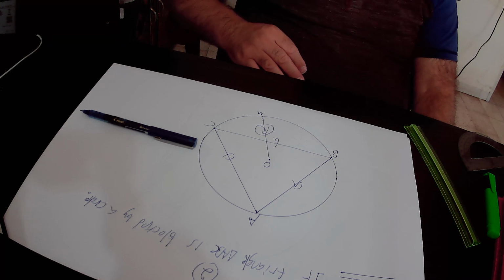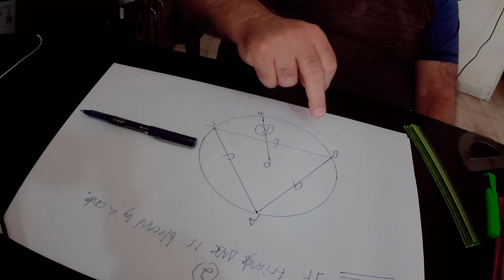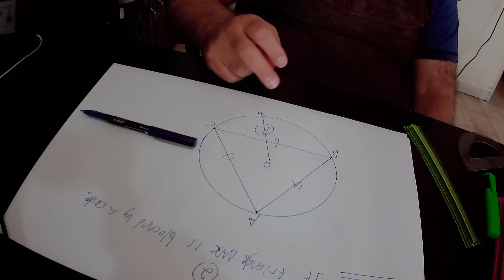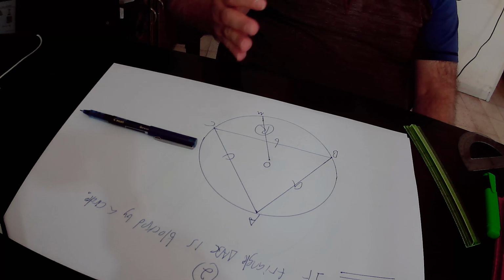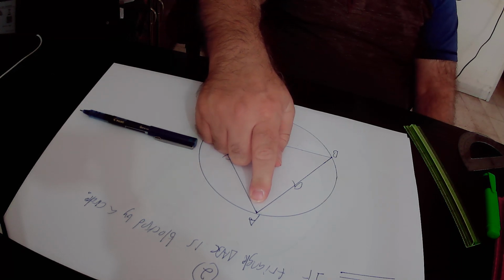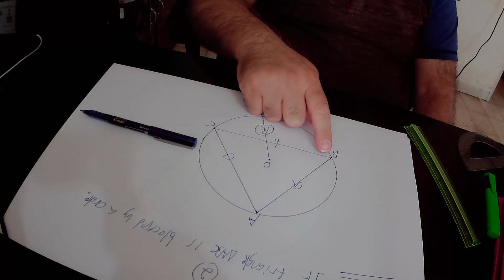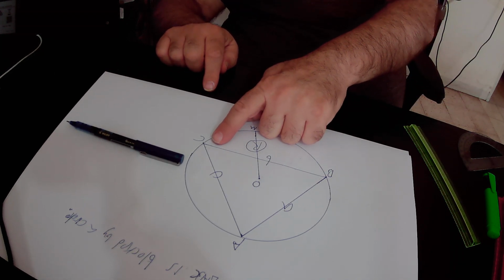Only and only if all three vertices of the triangle are touching the circle, then you can say that the triangle is blocked by a circle. Exactly as you can see in this drawing, this vertex is touching the circle at point A. This vertex of triangle ABC is touching the circle at point B. And finally, this vertex of the triangle is touching the circle at point C.